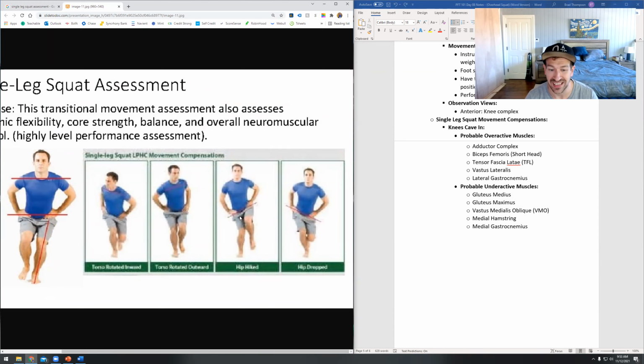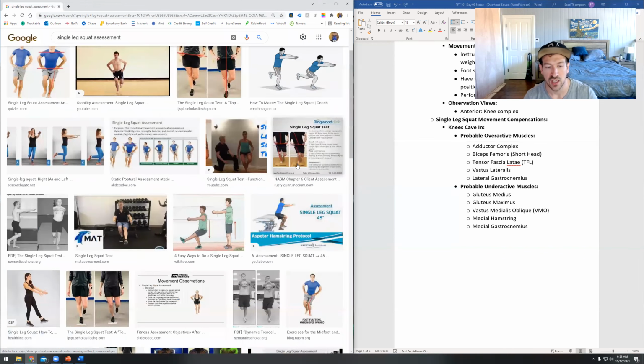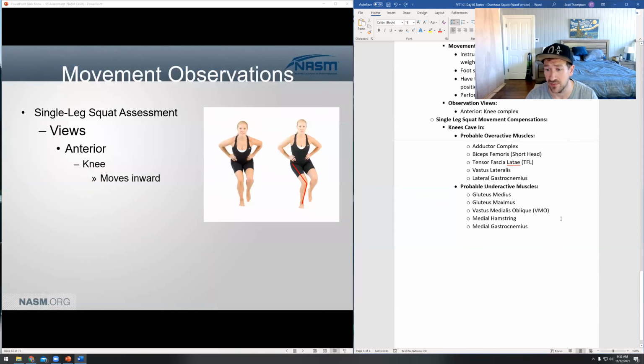We see hip hiking in laterally or medially, but you'll look at those later. For now, guys, I just want you to worry. Oh, and then you'll see knees cave in and knees cave out. So hip hike, hip drop, rotation, internal, forward rotation, backwards rotation. But in the regular textbook, the only thing you're looking at is the knees cave in.